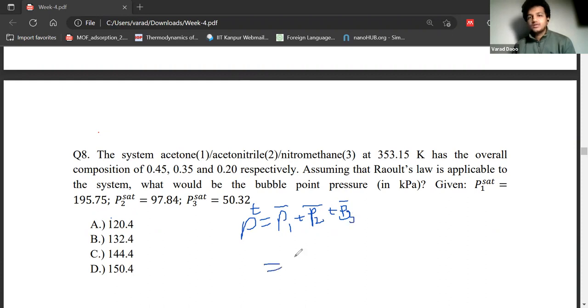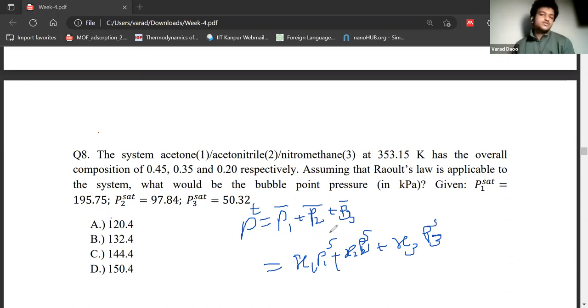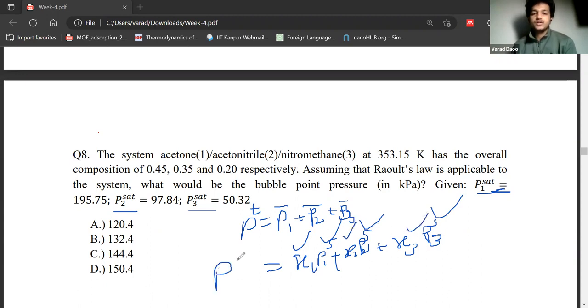This is X1 P1S plus X2 P2S plus X3 P3S, where S stands for saturation pressure. P1S, P2S, P3S have been given, so these are known. Composition has also been given. So you just substitute the values and you will get total pressure.